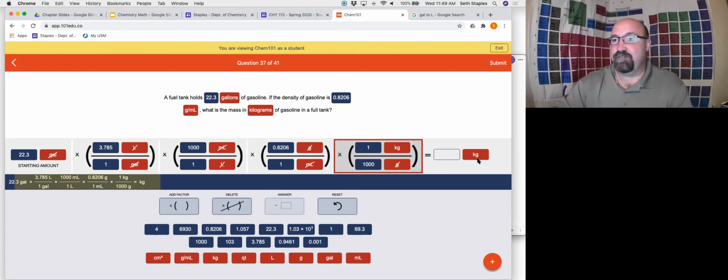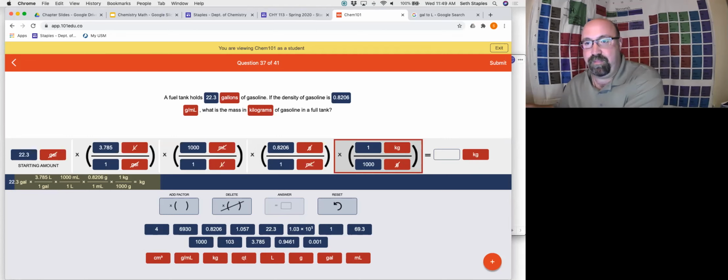And so we need to see if this is actually going to work as far as our conversions. So I'll leave this up, but then I'll switch over and show you how it would look, maybe typing it in.